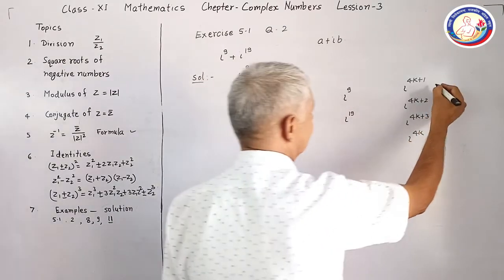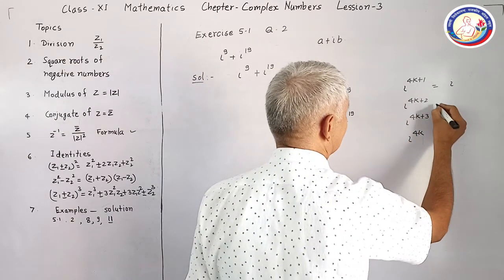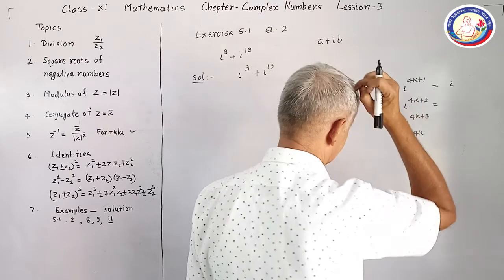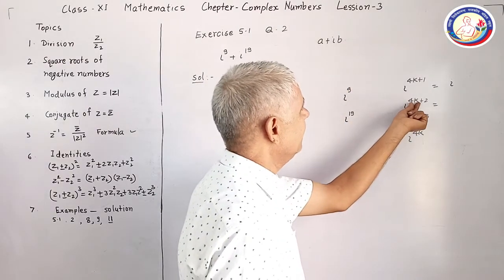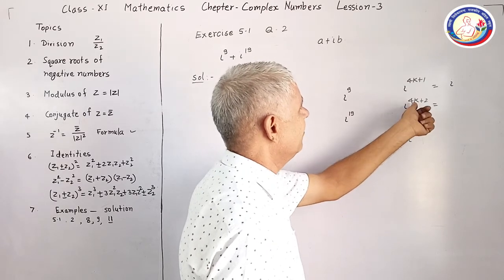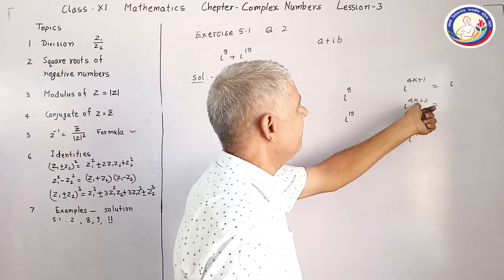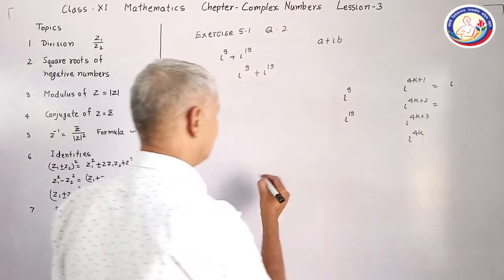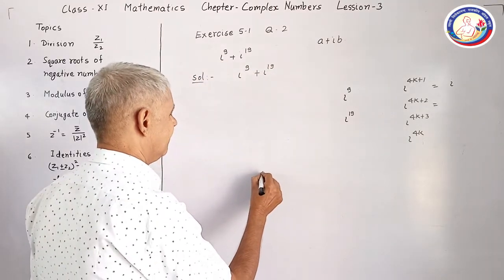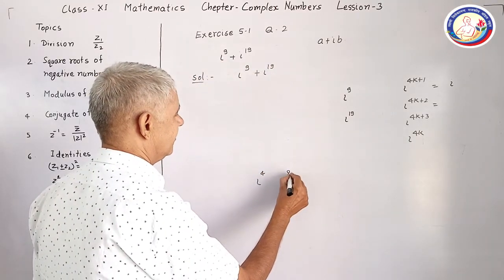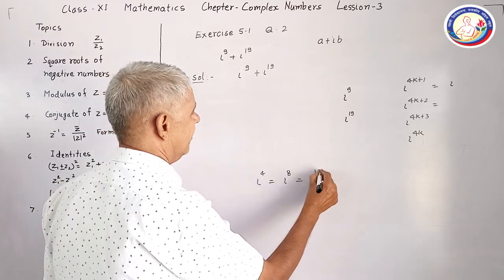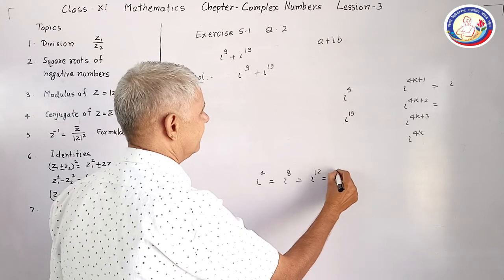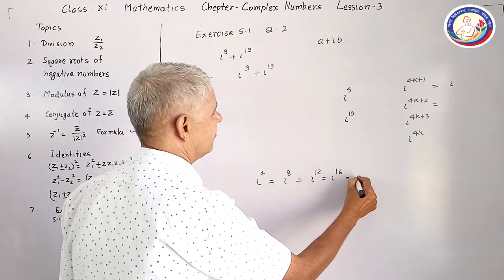We know that this will be iota. This will be simply iota square, because if there are 4k powers, or in multiples of 4, just say iota raised to power 4, iota raised to power 8, iota raised to power 12, iota raised to power 16, and so on.